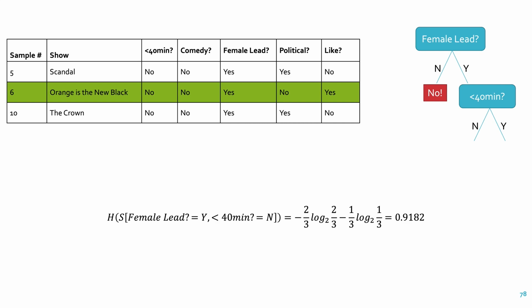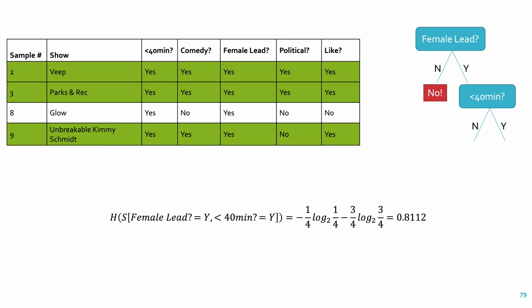As you can see on the left side of the equation, we have the entropy of female lead equals yes and less than 40 minutes equals no, because we're dealing with the subset of female lead equals yes from the start. Then we're including, right now, less than 40 minutes. When less than 40 minutes equals yes, we have an entropy of 0.81 because we have 3 samples with yes and 1 sample labeled as no.